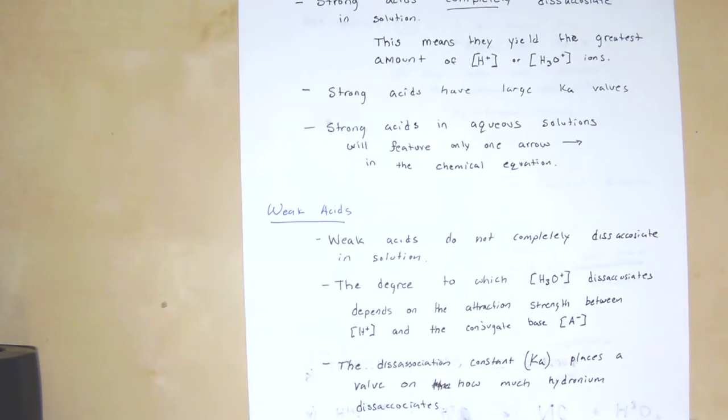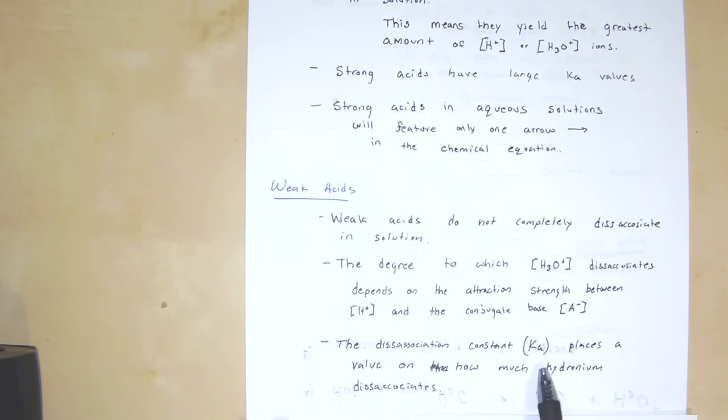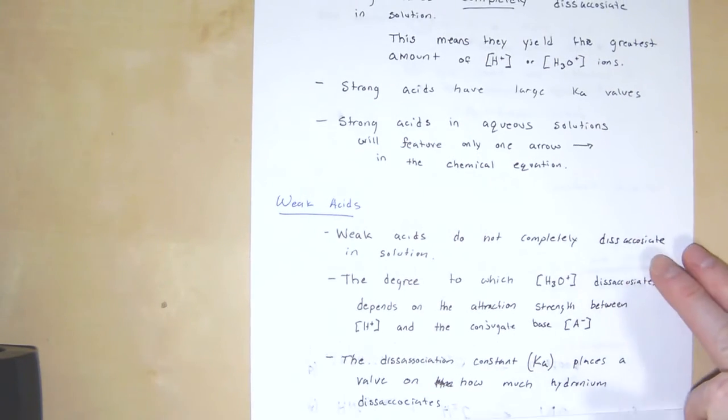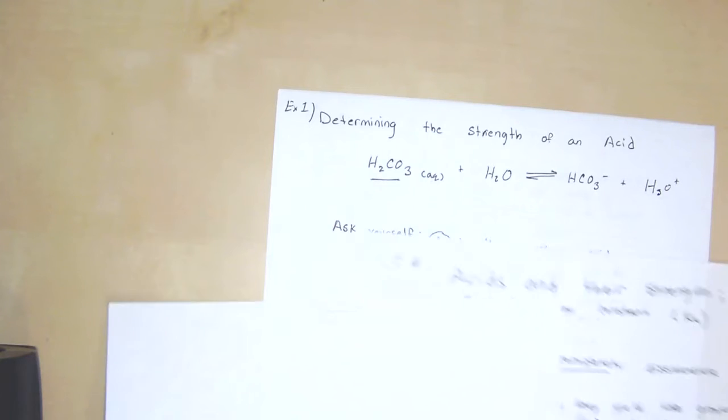And lastly, there's a dissociation constant, Ka, that actually places a value on how much hydronium dissociates in each weak acid. Some of these constants are known, and they're listed in the book on page 739 if you'd like to look them up. But some of them you'll also be able to calculate if you have all of their concentrations present. So let's go ahead and move on to an example.